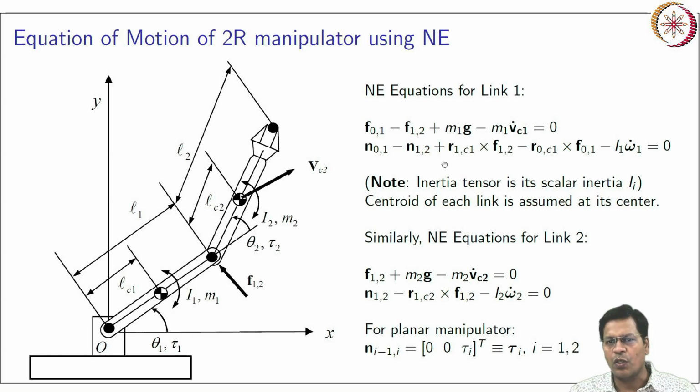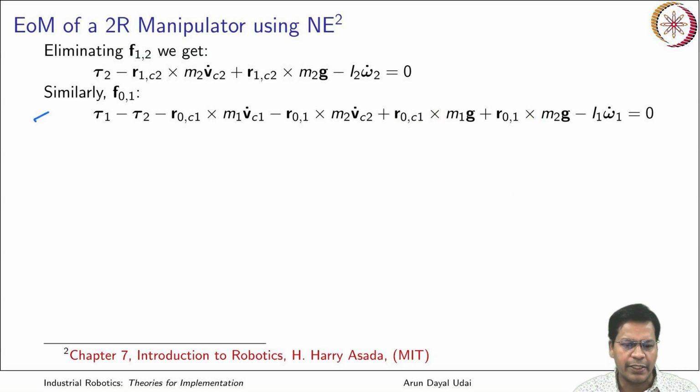So F01 from here and F12 from the second link equation, both are substituted into the moment equation of link 1. Got it? So now what do I get? I simply can write it like this.